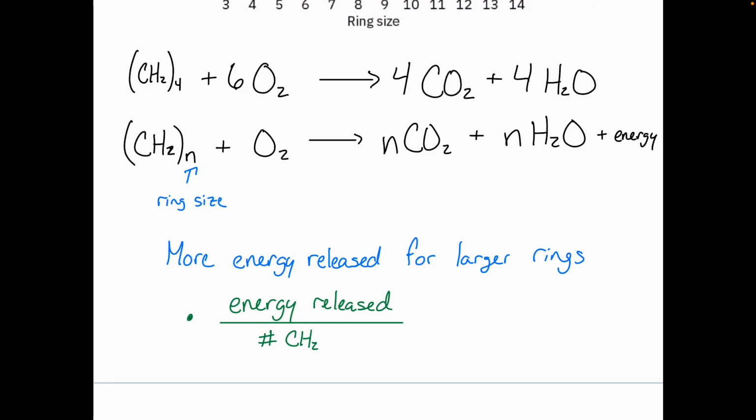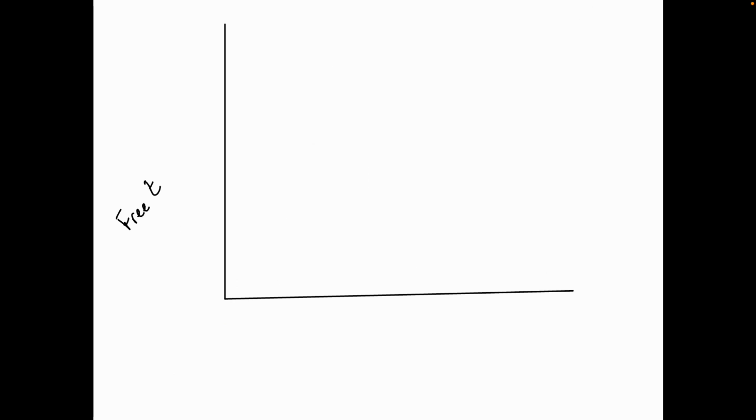All right, and why is this interesting? Let's go back to our Chem 1B free energy diagrams here. Remember, on one side is our reactant energy, on the other side is our product energy. These are reactions that release a bunch of energy, right?